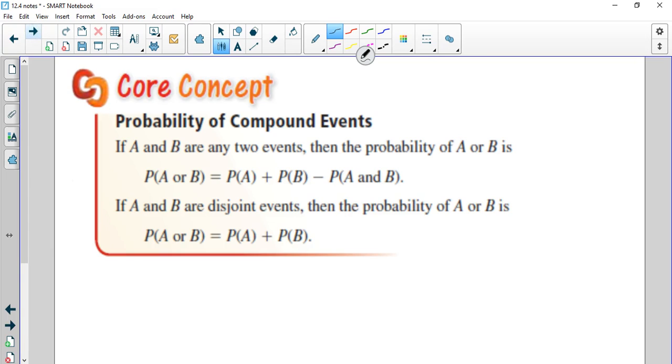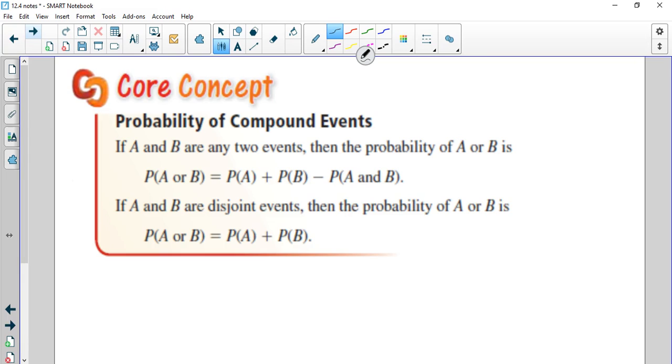Okay, if A and B are two events, then the probability of A or B is the probability of A plus the probability of B minus the probability of both. If A and B are disjoint events, that's when they don't overlap at all, then the probability of A or B is, as we've been doing traditionally, just add them together.